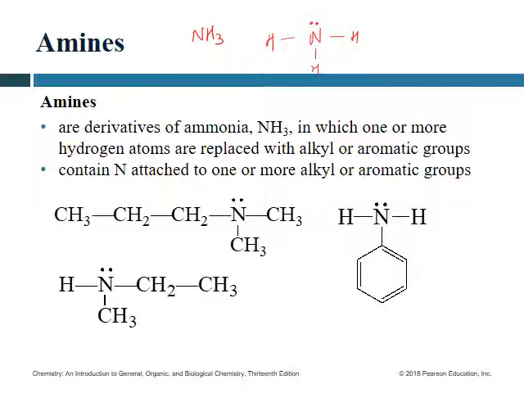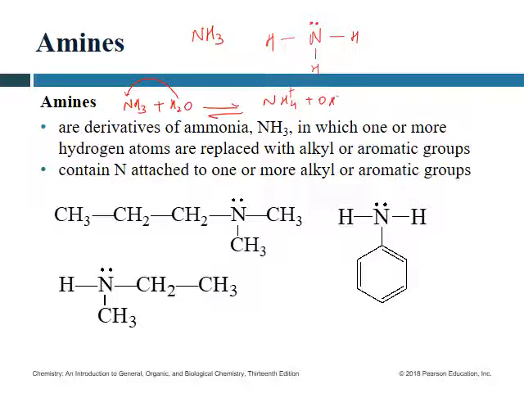So you would have ammonia in water. It acts as a base by accepting a proton from water. So here water donates its proton to ammonia, and ammonia changes to NH4 plus.